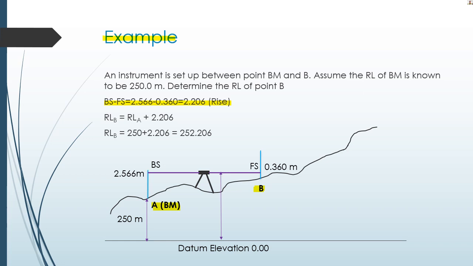Backsight minus foresight, so that gives you a positive value. That is a rise. Reduced level of unknown point equals reduced level of known point plus the rise or fall. So now let's use the height of instrument method and compare to the rise and fall method. You should have the same results for the reduced level of point B.